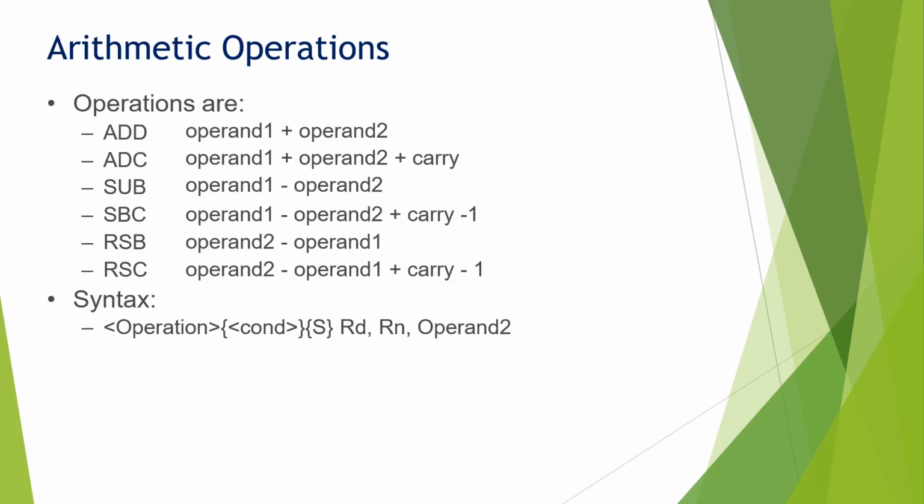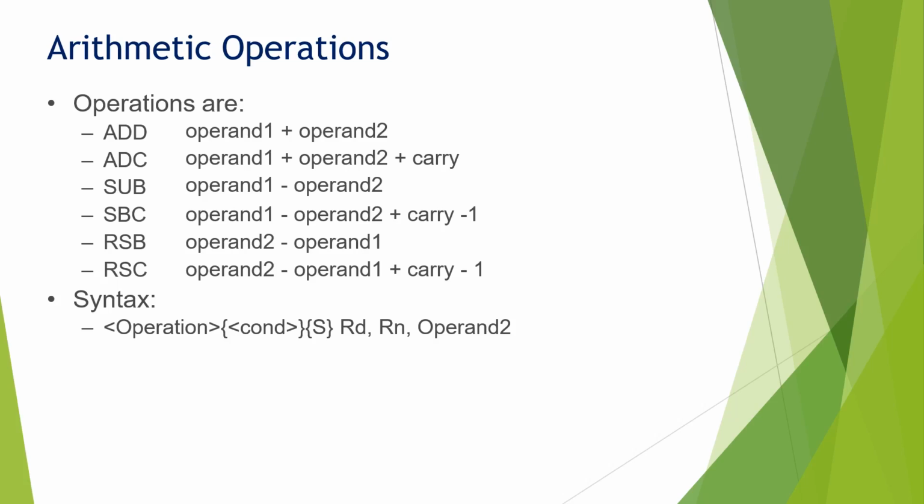Now see here, these are the arithmetic operations. First one is ADD: the data of operand 1 is added with operand 2, and ADC adds along with carry. SUB is subtraction, operand 1 minus operand 2, and SBC is subtraction with carry, operand 1 minus operand 2 plus carry minus 1.